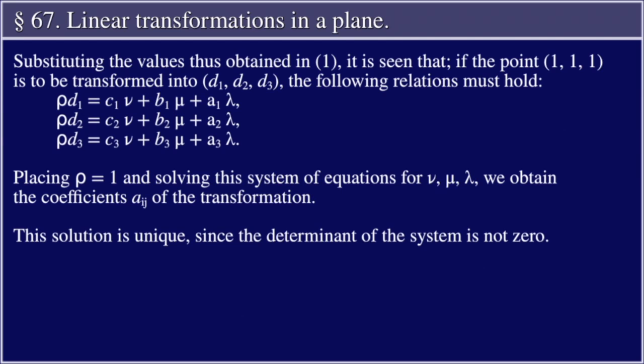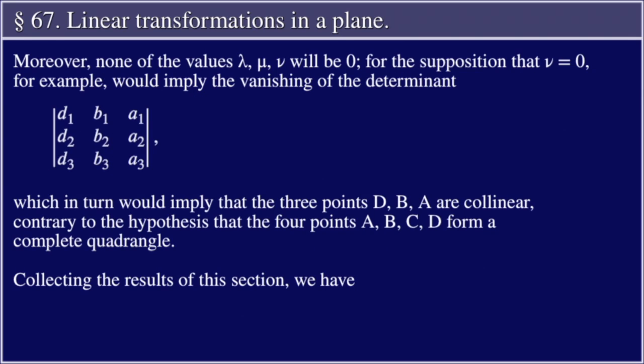Placing rho equal to 1 and solving this system of equations for nu, mu, lambda, we obtain the coefficients a sub ij of the transformation. This solution is unique since the determinant of the system is not 0. Furthermore, none of the values lambda, mu, nu will be 0.